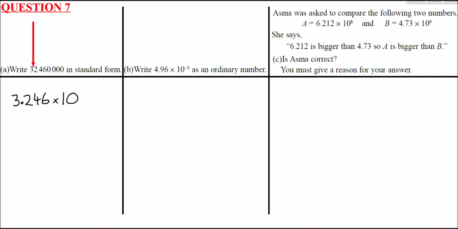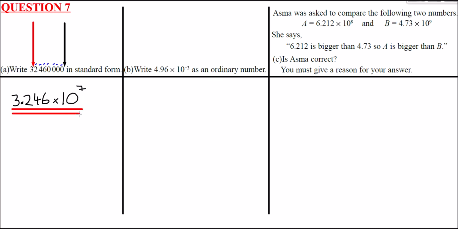So, the way we do this is to think about where the decimal needs to be here compared to where the decimal actually is in a whole number, which of course is at the very end. How many digits are in between? So, in between, we've got 1, 2, 3, 4, 5, 6, 7. So our power of 10 is therefore 7.